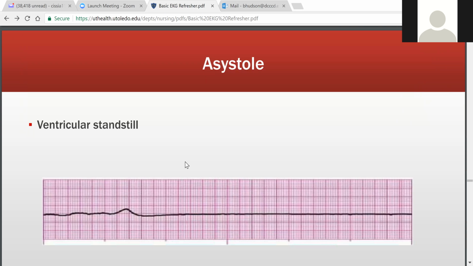So you should be able to identify the rhythms that I spoke about: sinus rhythm, sinus Brady, sinus tach, ventricular tachycardia, ventricular fibrillation, and asystole. Asystole, everybody gets, it's a flat line. It's just a straight line. It's the other ones that seem to give folks trouble.